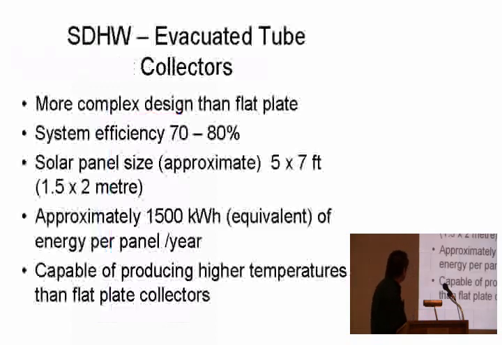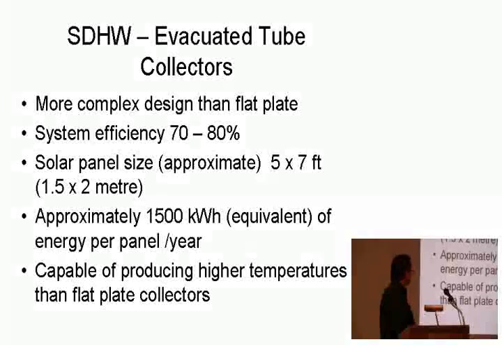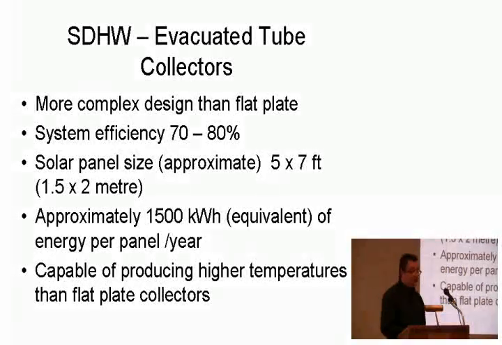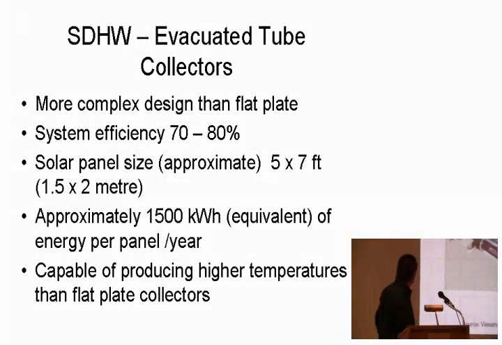Next slide, please. The evacuated tube collectors are a little more complex. Their efficiency is basically similar to the flat plate, and in approximate size, generally speaking, they add more tubes and then it becomes a wider type of panel. Again, they produce a similar amount of energy a year. They are capable of producing higher temperatures than a flat plate collector, and for that reason sometimes they're used with process heating applications.